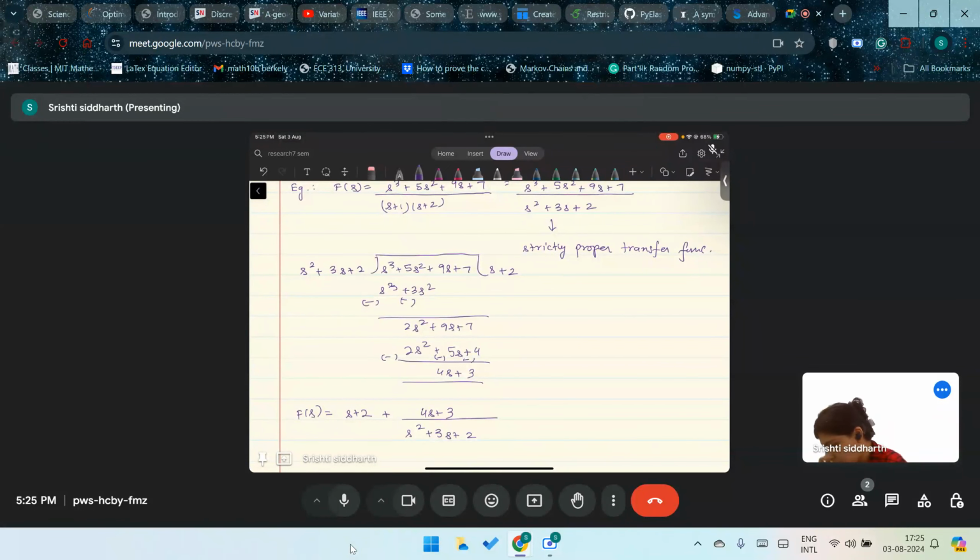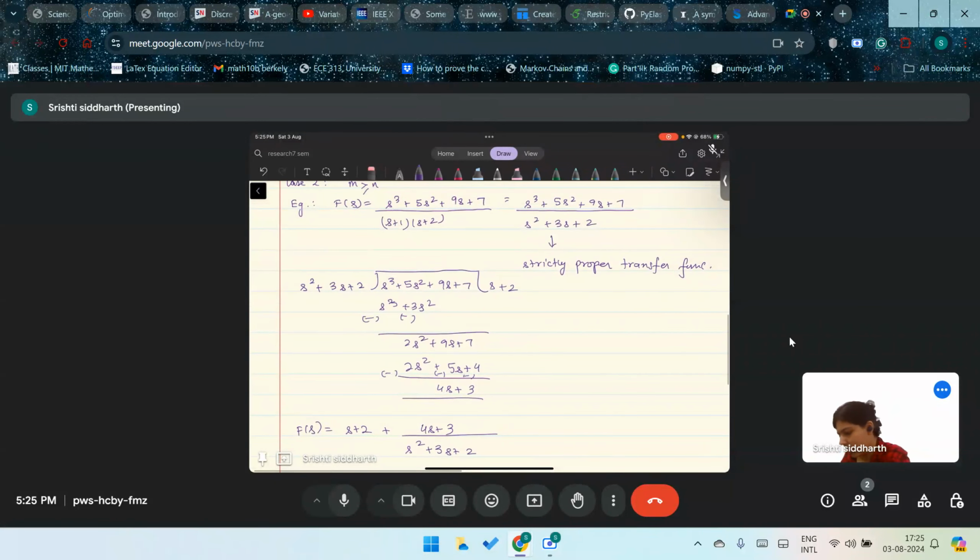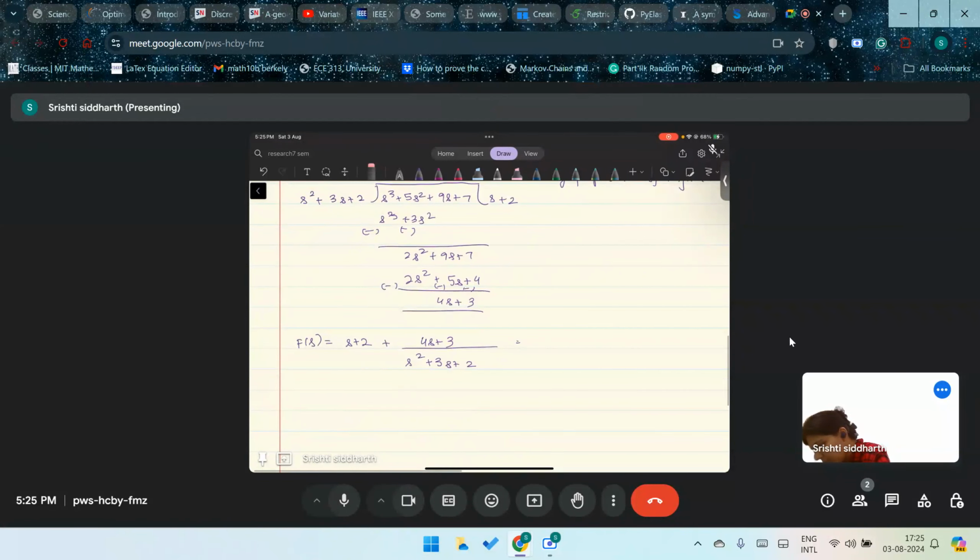Let's check it once: s cubed plus 3s squared plus 2s, plus 2s squared plus 6s plus 4, plus additional terms.